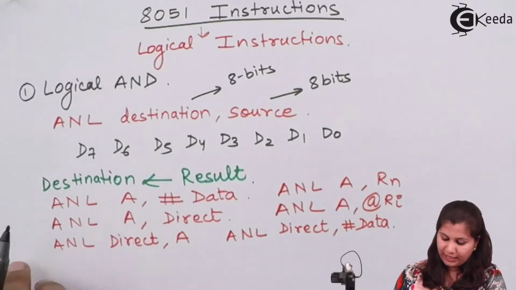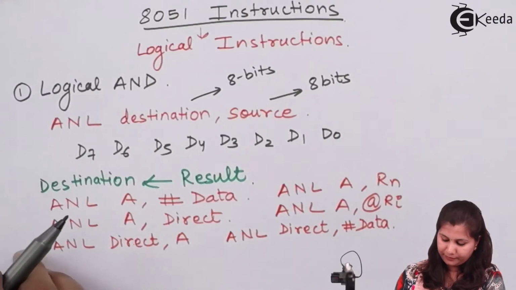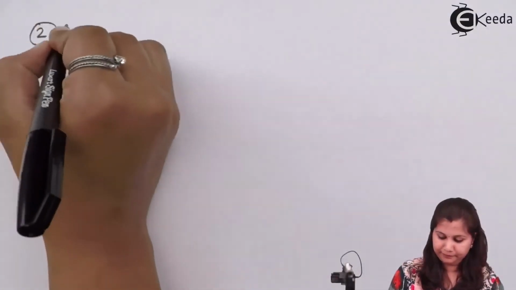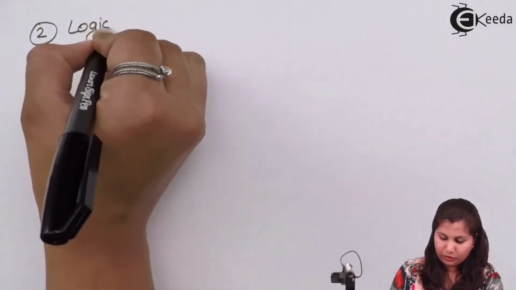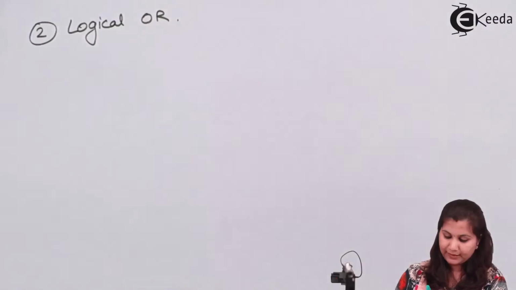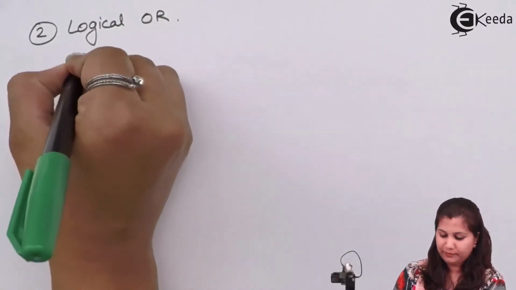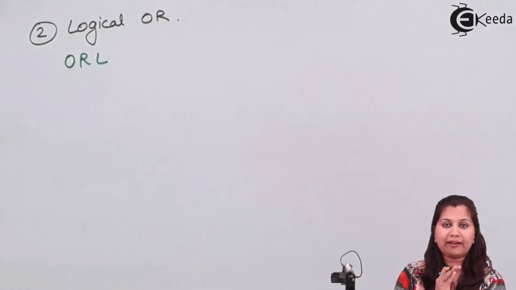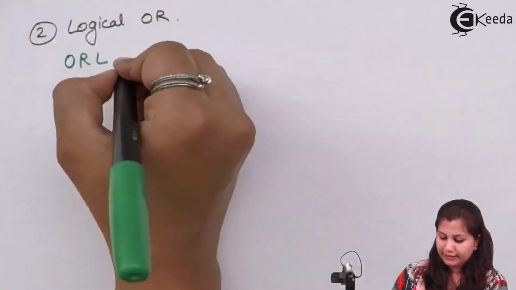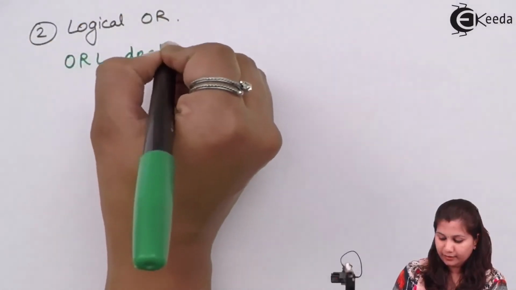The next instruction we have is the logical OR. For logical OR, we have the mnemonic ORL, just like for logical AND we have ANL. For OR, we have ORL, destination and source.